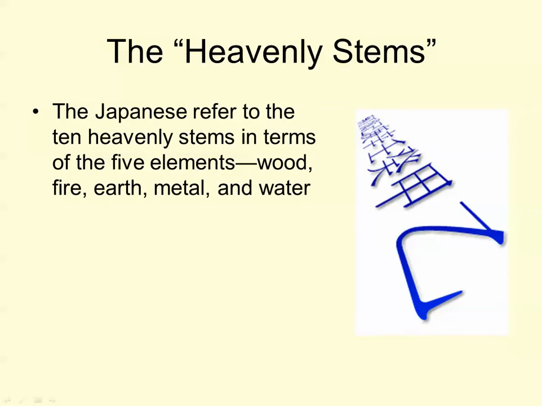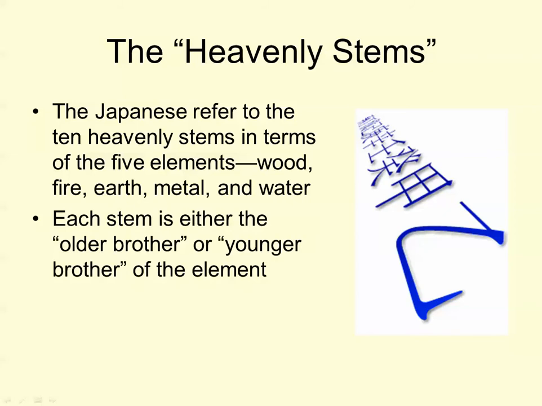We're going to start with the heavenly stems. The heavenly stems are referred to in Japan in terms of the five traditional elements: wood, fire, earth, metal, and water. Each stem is either what they call the older brother or the younger brother of the elements.